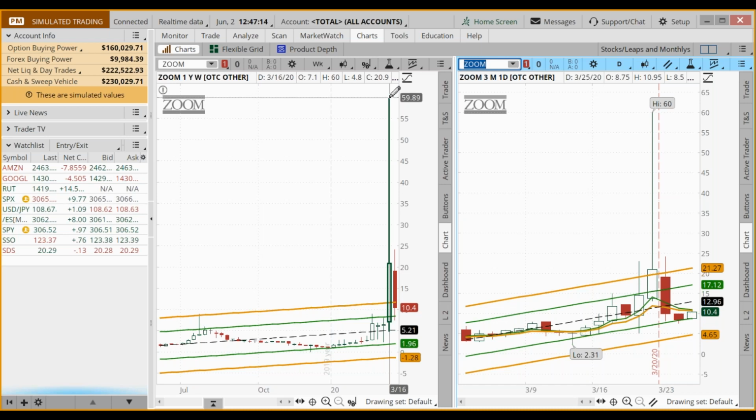If you would have said to yourself, Zoom is really going crazy, and I am going to buy Zoom at 60, what would you be saying to yourself right now when it sits at 7? That is why I do not touch these cheapos with a 10-foot pole.